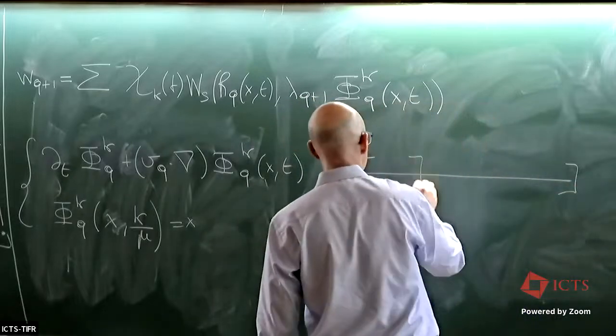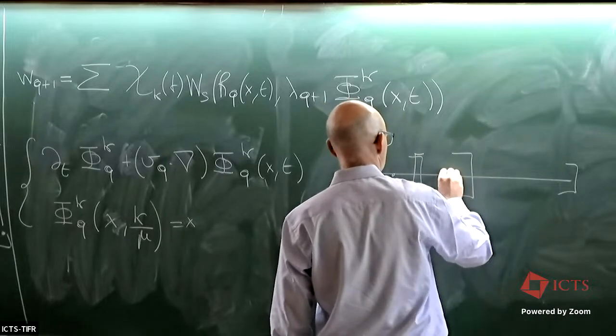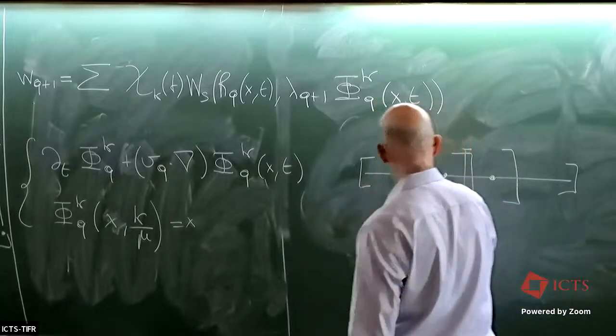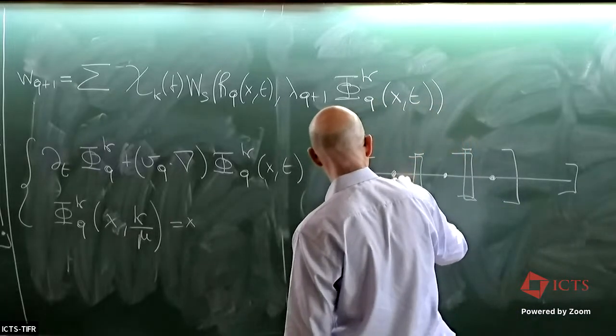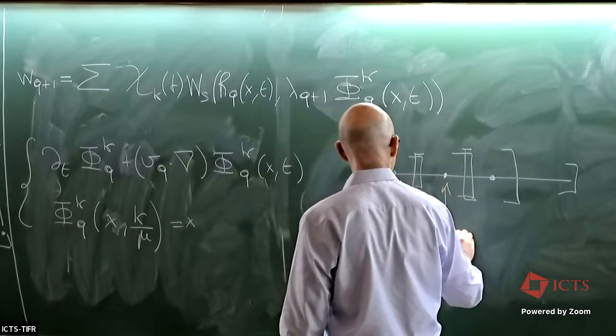I chopped it into pieces, which overlap a little bit. These are the times, for instance, this one is like 1 over mu. This one is the time 2 over mu.